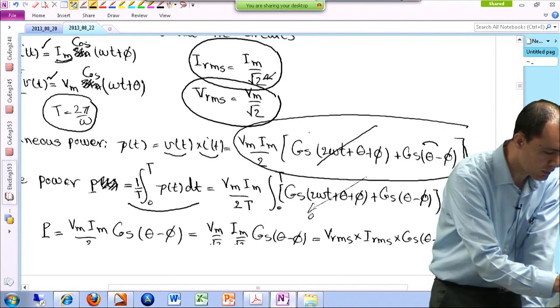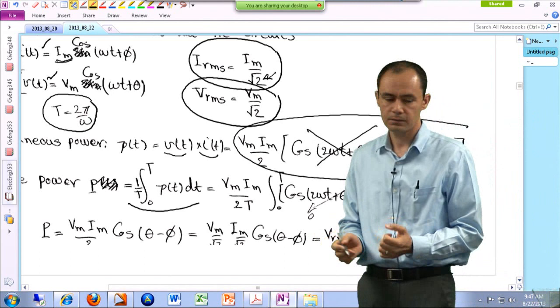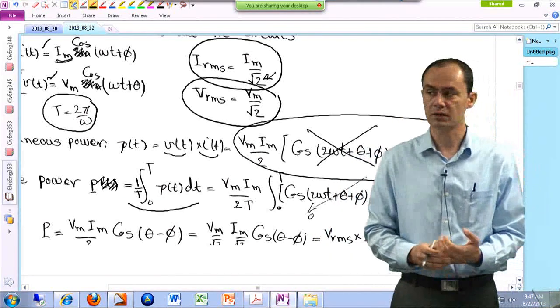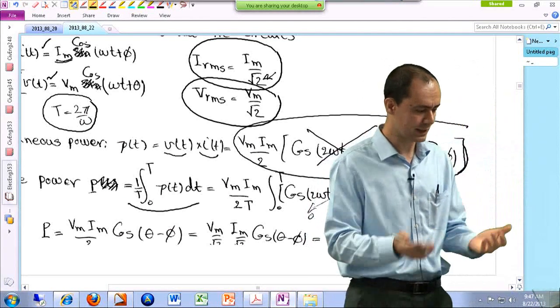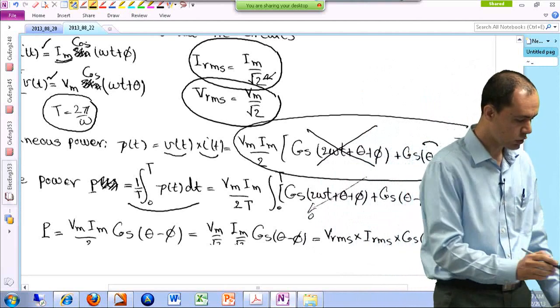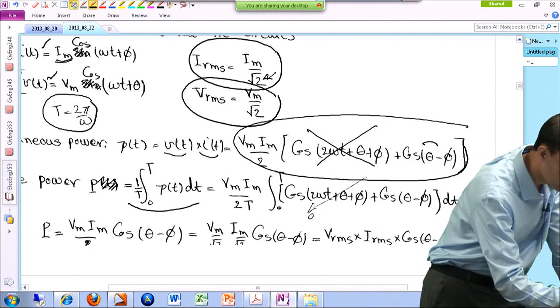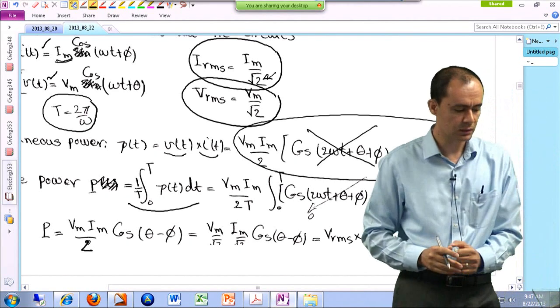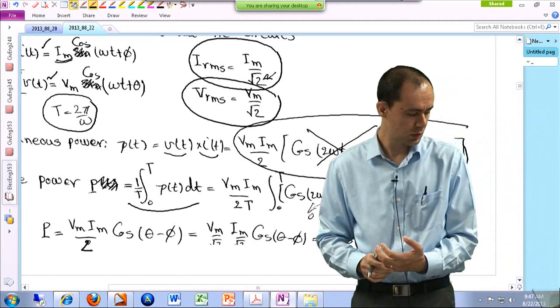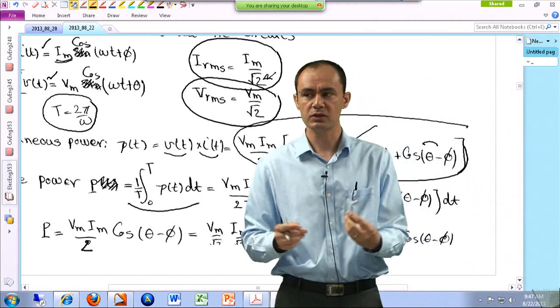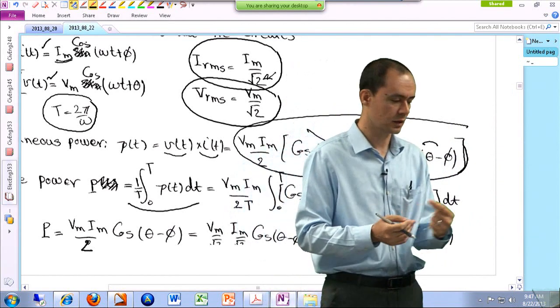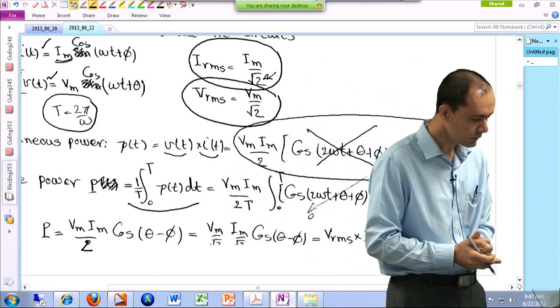As it turns out, the 2 omega t component doesn't have an average value, it's 0, and cosine of theta minus phi is the only component that comes out of the integration. So in the end, my average power is Vm times Im over 2 times cosine of the difference between the phase angles of the voltage and the current.